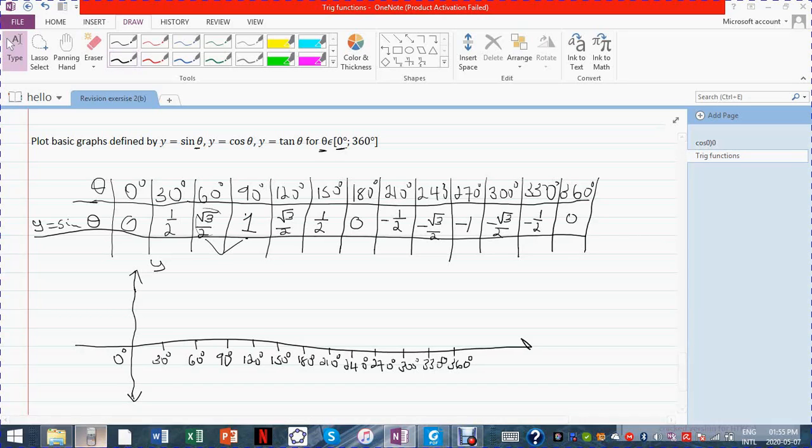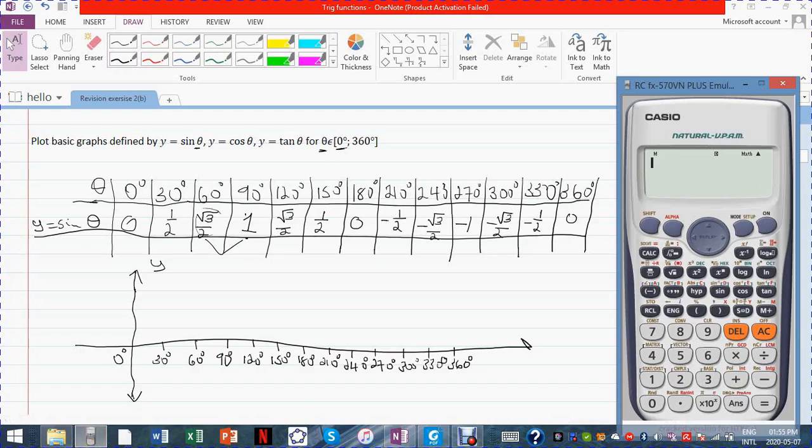So you can go back to a calculator and press SD. Square root of 3 divided by 2, and then you press SD. So you can see that it's less than 1. It's close to 1, but it's less than 1, approximately 0.9.